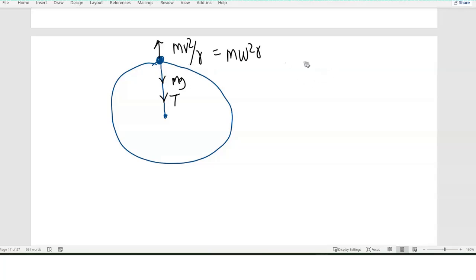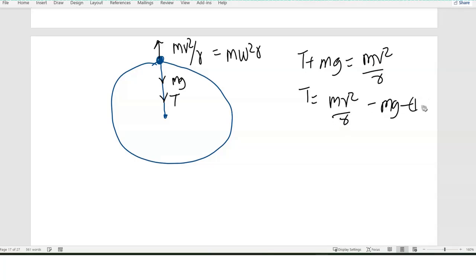So at that position, when I resolve the forces vertically, T plus mg is going to be mv squared over r. So T is going to be mv squared over r minus mg. That is 1. Maybe I can call it T1.